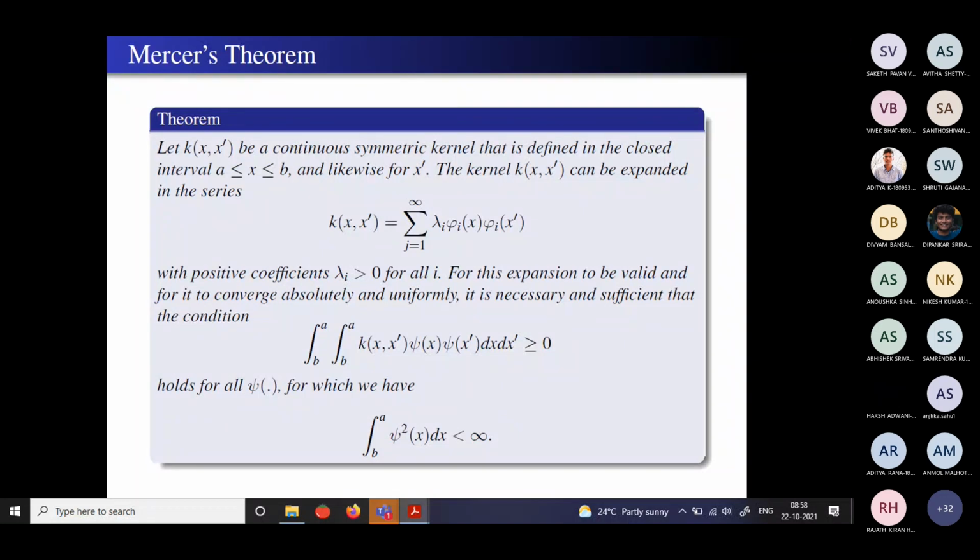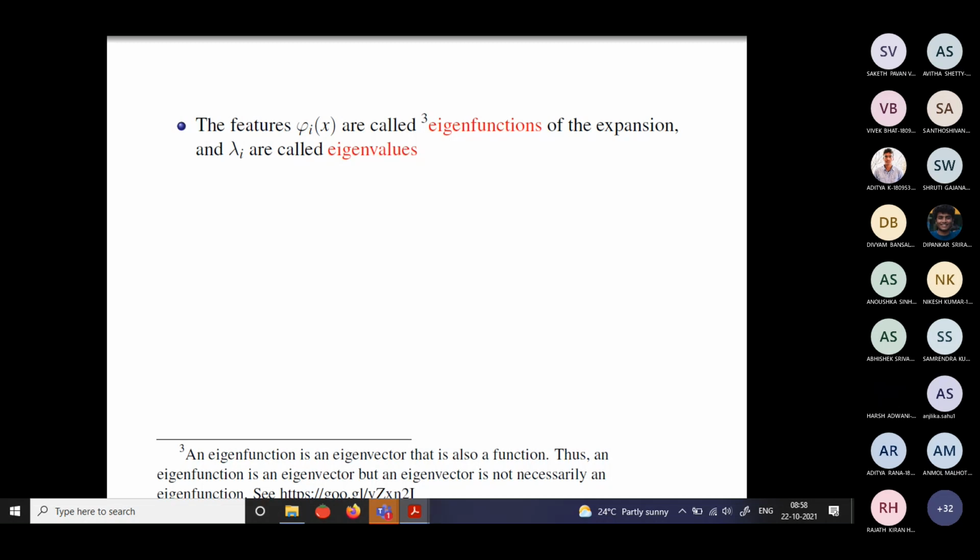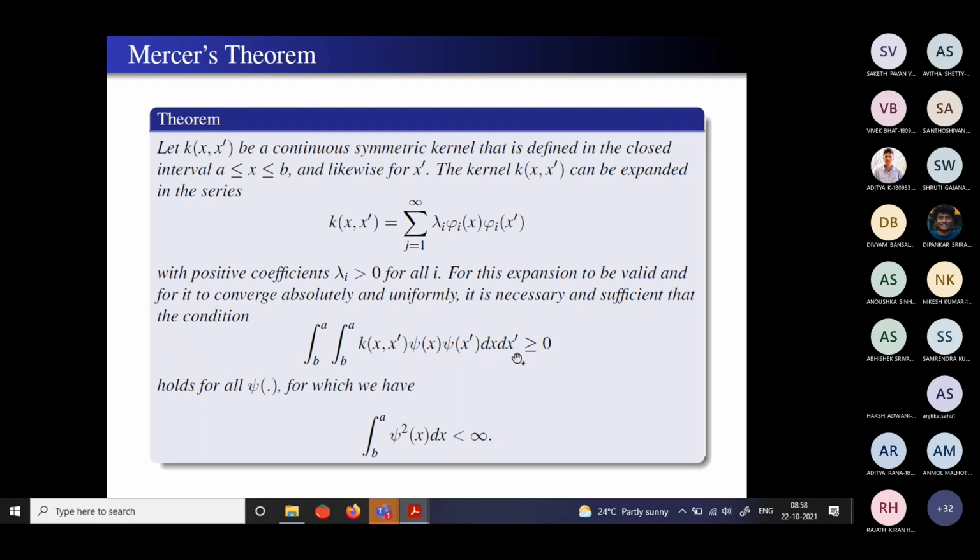Now let's see what we can infer based on this. The functions phi_i(x), as I told you earlier, we call eigenfunctions of the expansion, and lambda_i are the eigenvalues.